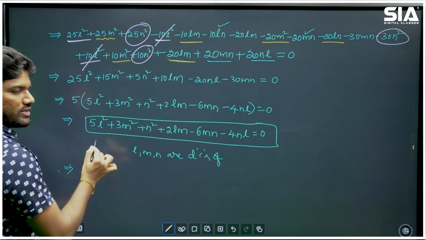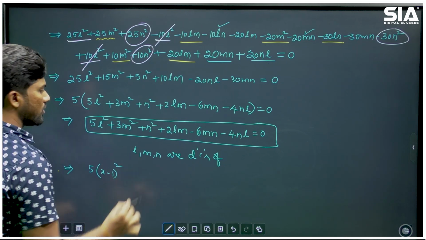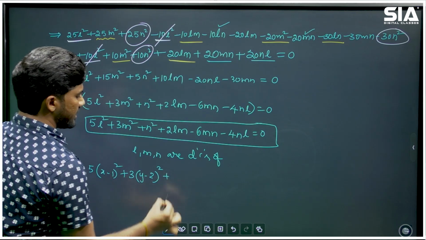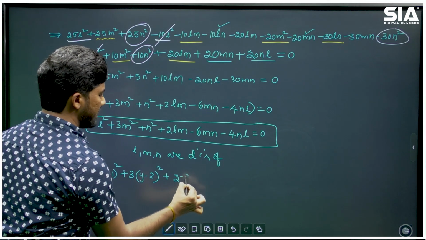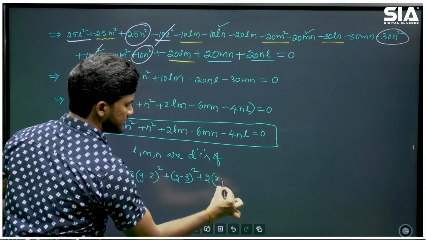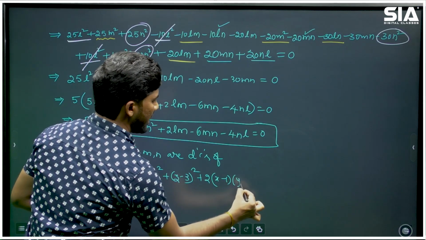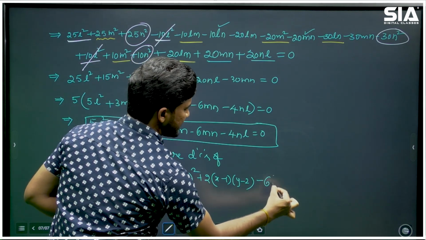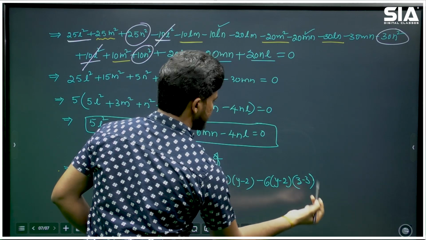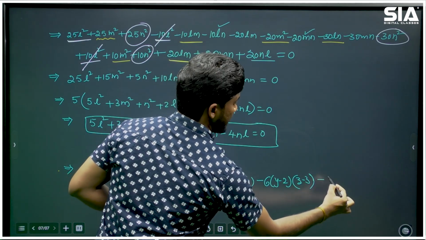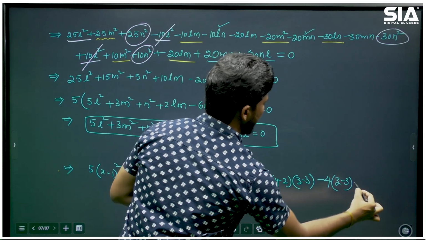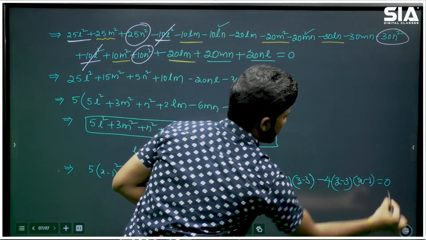So therefore 5 into l value x minus 1 whole square plus 3 into m value y minus 2 whole square plus n value z minus 3 whole square plus 2, what is the l value? x minus 1, m value y minus 2, minus 6 into m value y minus 2, n value z minus 3 and minus 4 into n value again z minus 3 and l value x minus 1 equal to 0.